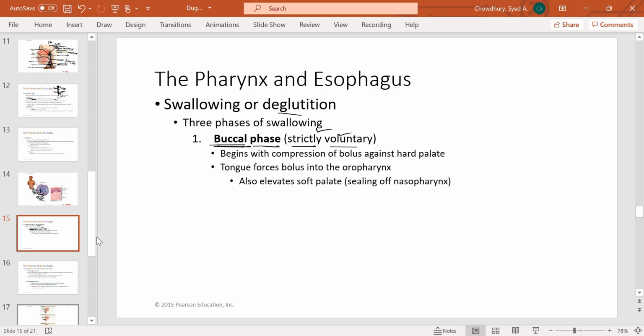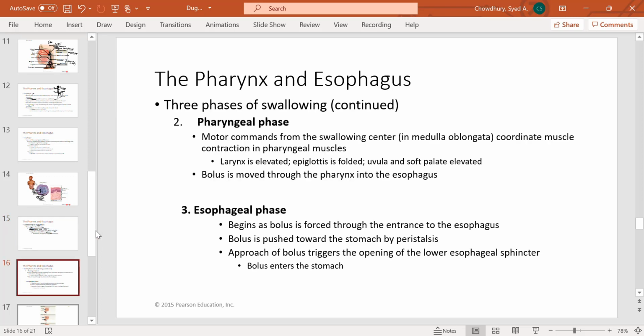Depends on your will, and it happens inside the buccal cavity or oral cavity. That's why this is buccal phase. Okay, and you press the food bolus against the hard palate with the tongue, and that would push the food towards the oropharynx.